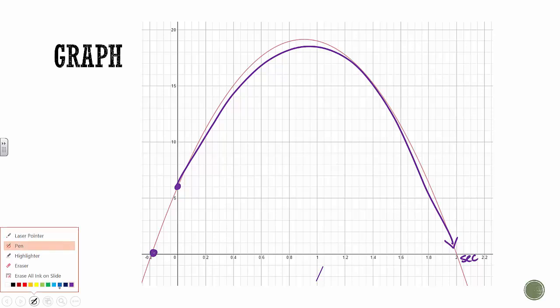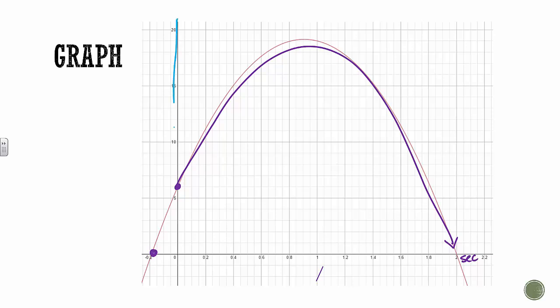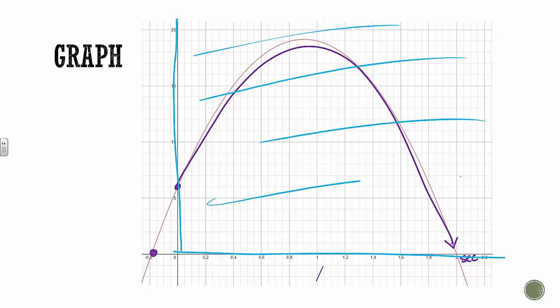Now, because this is real life, really the only part of the graph that we care about is from here to here and everything in here. But because this is a function modeled by a real life situation, it actually goes on forever and ever this way, even though it doesn't make sense in our problem. So whenever you get an x-intercept for projectile motion that's negative, it doesn't make sense in our problem. You just want the positive one.